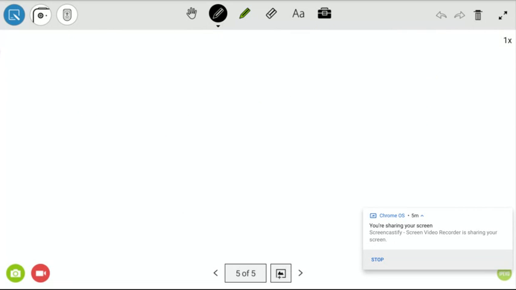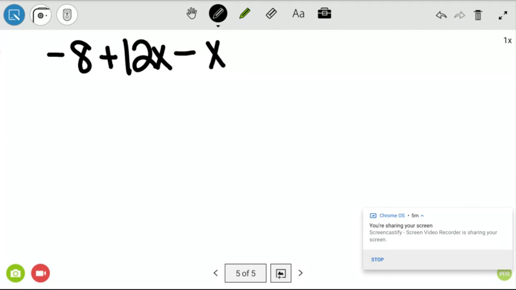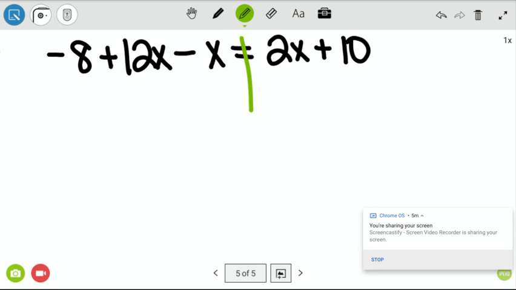All right, this will be our last one. Negative 8 plus 12x minus x equals 2x plus 10. All right, on this one, what do we want on the left? We want an x here, an x there, and an x there.